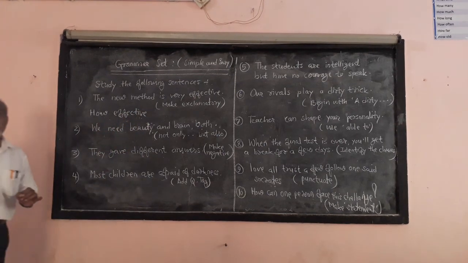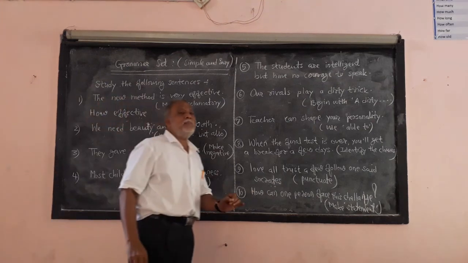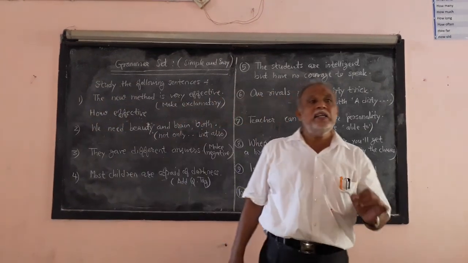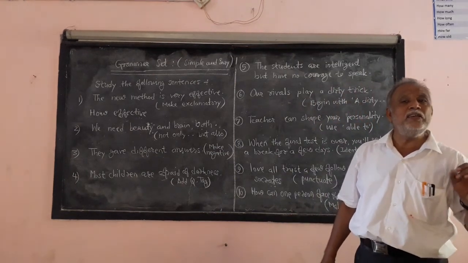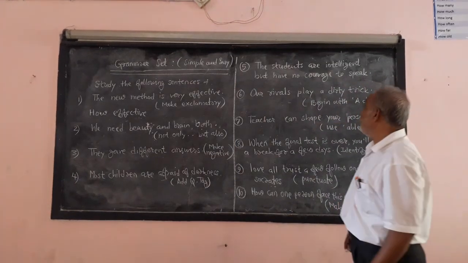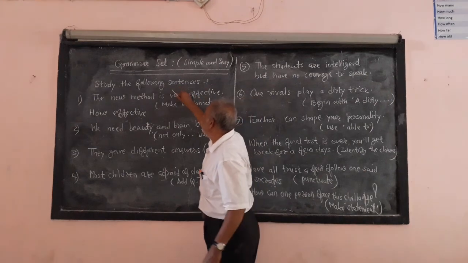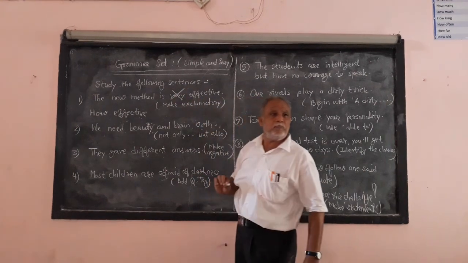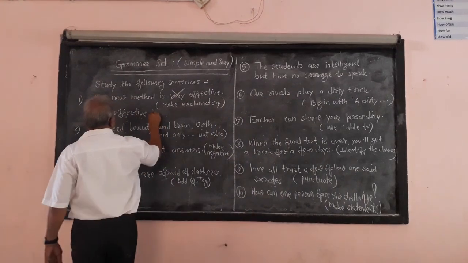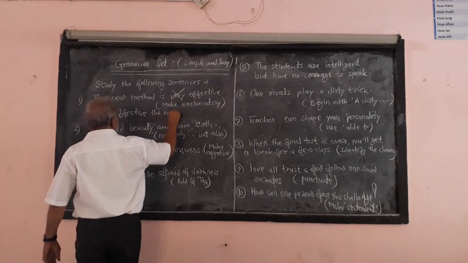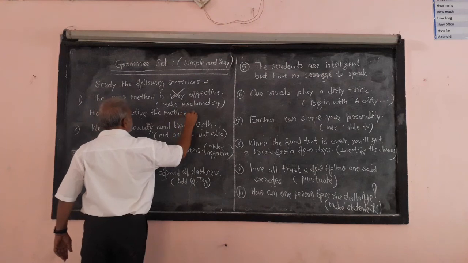The words very, extremely, highly, absolutely should be removed. Here we find the word very. We have to remove this word very. Then how effective the new method, subject and verb should be placed.